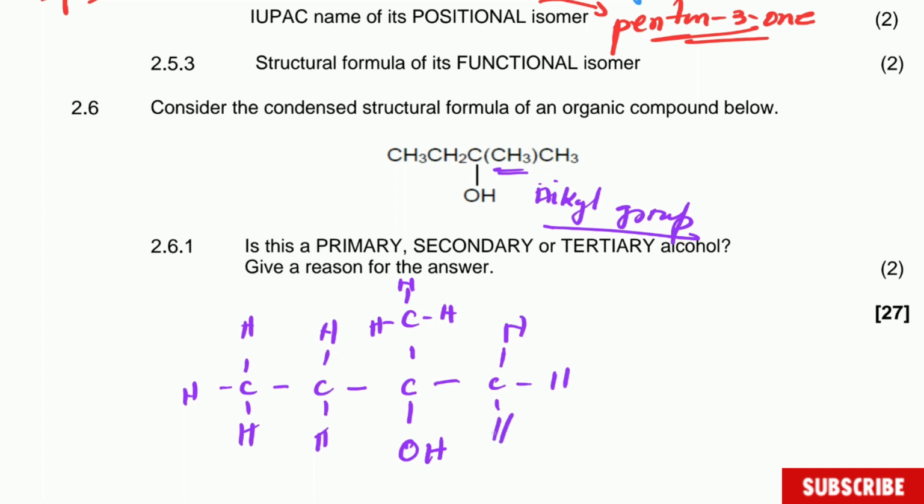They don't ask for naming, they're asking you what type of alcohol this is. You can see that the OH is connected to a carbon, and that carbon is connected to 3 carbons, as you can see there. There are 3 carbons connected to the carbon of the OH. Therefore, this alcohol is going to be a tertiary alcohol. Give a reason for your answer.